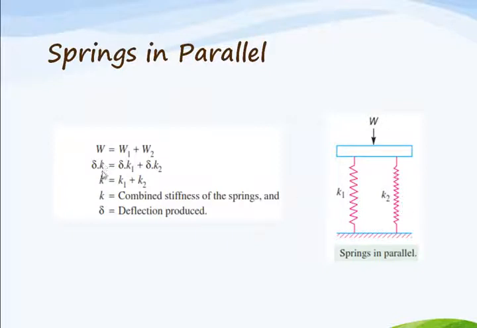We know that stiffness is equal to W by delta, so from that relation W is equal to delta into K. Since W1 is equal to delta into K1, W2 is equal to delta into K2, if you take delta common, you can cancel delta and delta, we get K is equal to K1 plus K2. Then you can find the combined stiffness K of the springs, and delta is the deflection.